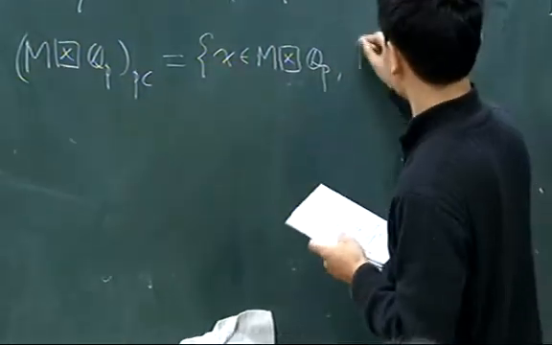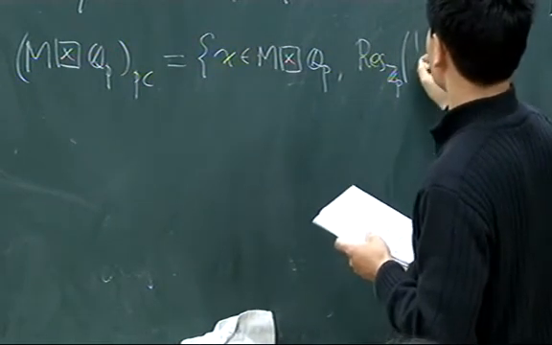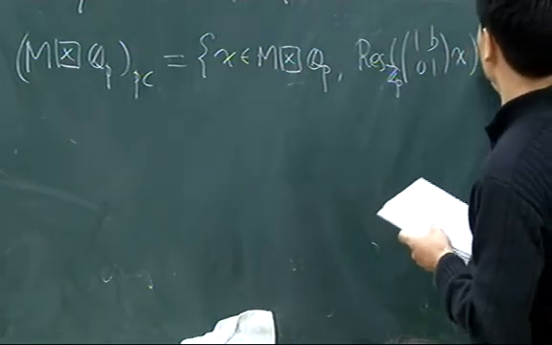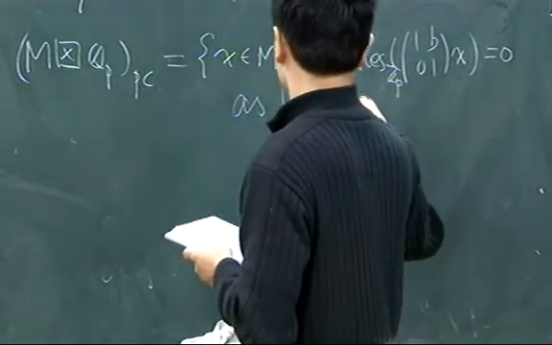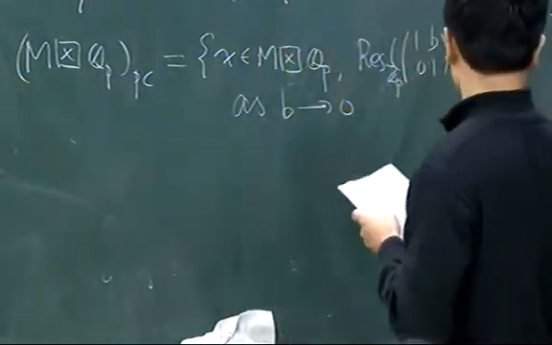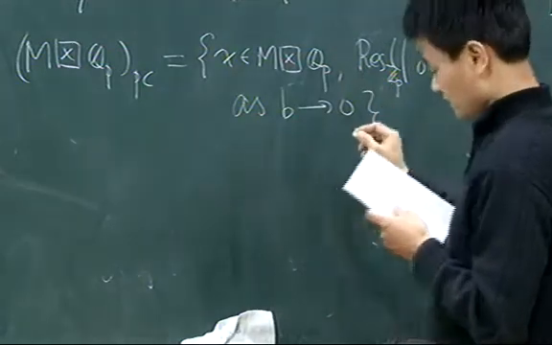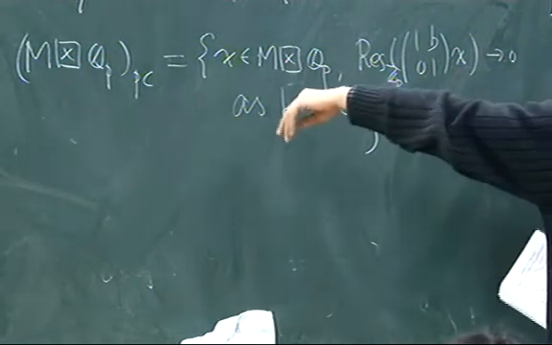And then you take the restriction of Z_p 1B01 x is 0 as b goes to infinity. Approach to 0. So certainly you need here M must be topological.